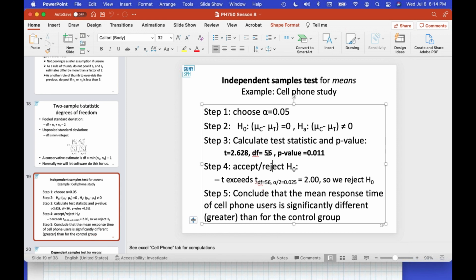Probably something around 2.01 or 2.02, something of that nature. Since the critical value of t that we need to exceed is only 2.03, and our calculated t was 2.68, these two means are far enough apart in terms of standard errors, in terms of z or t score, for us to reject the null hypothesis.